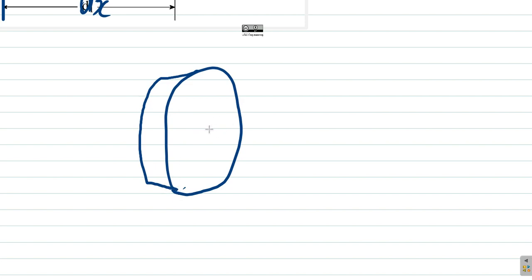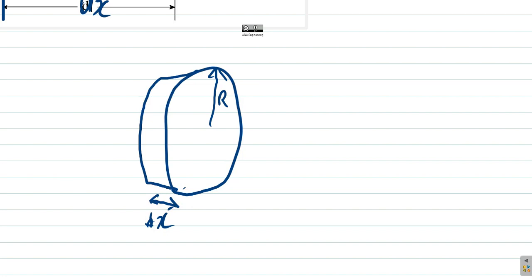Now, over here we have a larger radius than over here. Alright? But let us say that they're close enough to be considered the same radius. And then this is a difference in x. Let's call it dx.